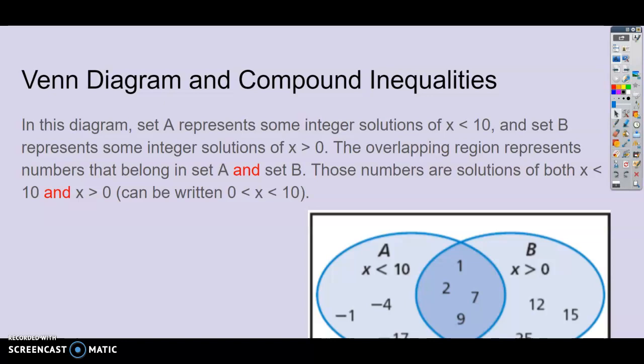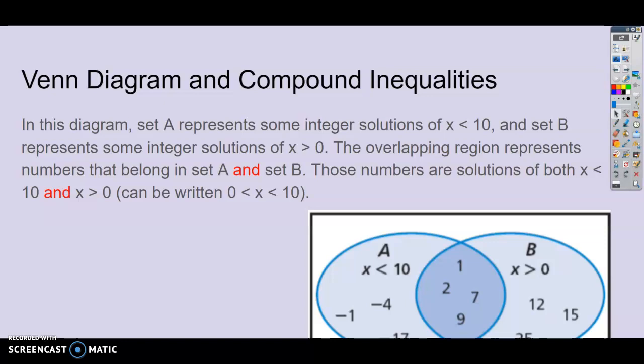The overlapping set B represents all integers that are greater than 0. So if you look at set B, 12, 15, 25, 7, 1, 2, and 9 are all included in set B. Those are all greater than 0.